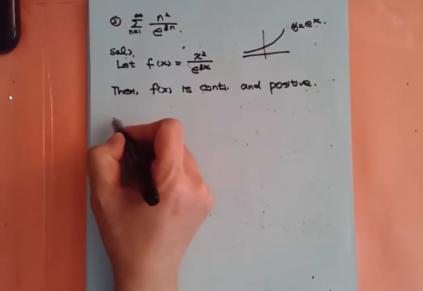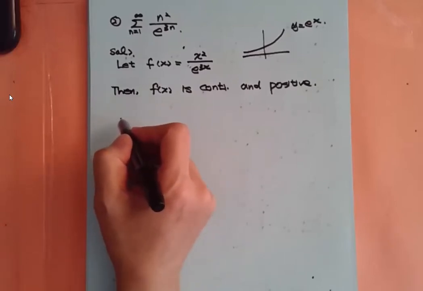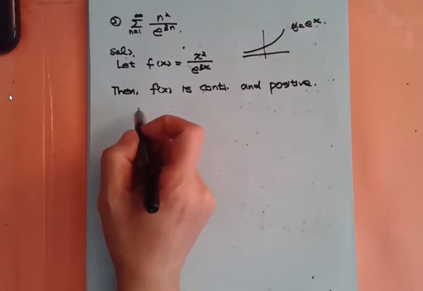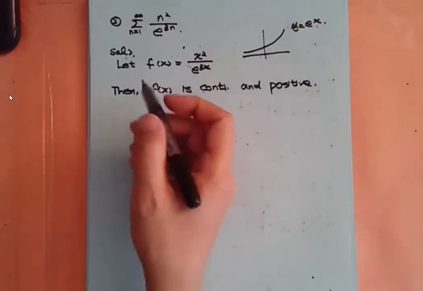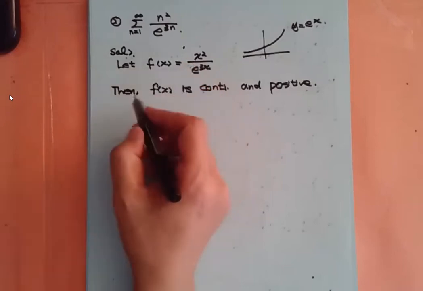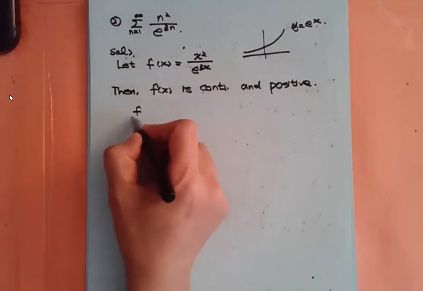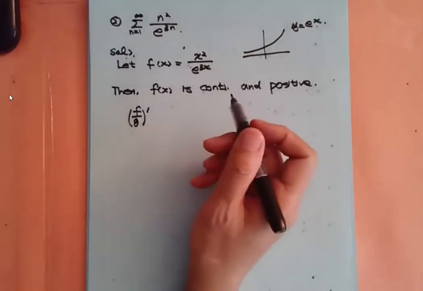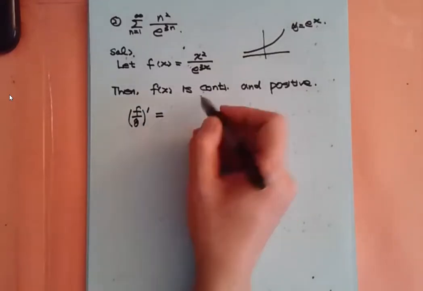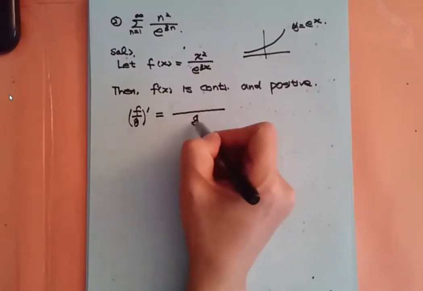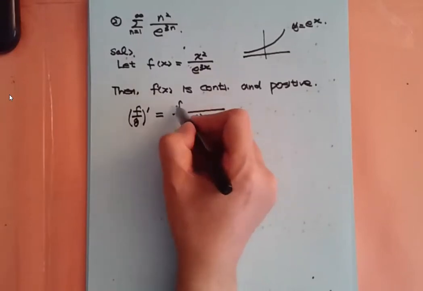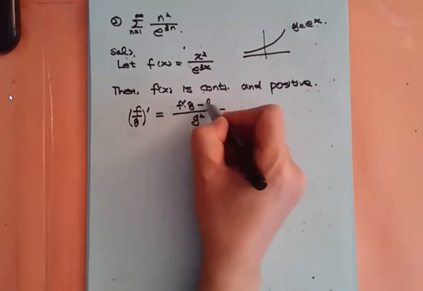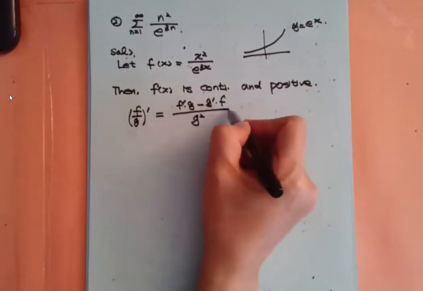To figure out whether that is increasing or decreasing, you have to think about the derivative. This is a derivative of a fraction, so the formula goes like g squared in the denominator, f prime times g minus g prime times f.